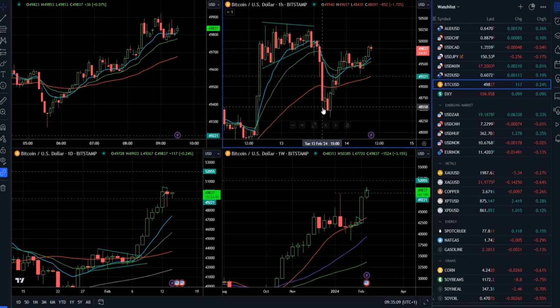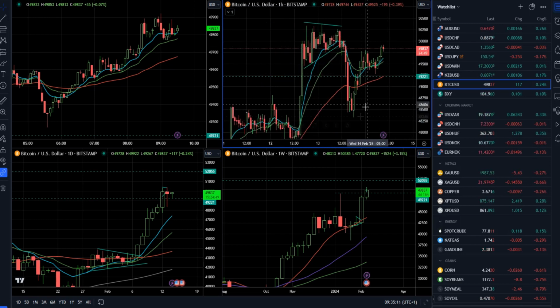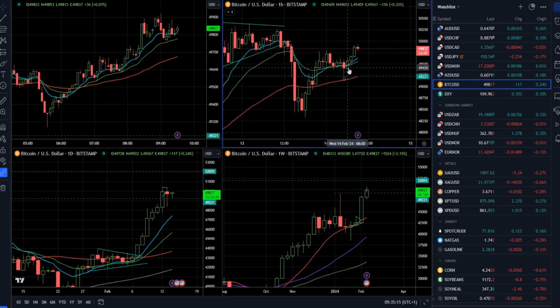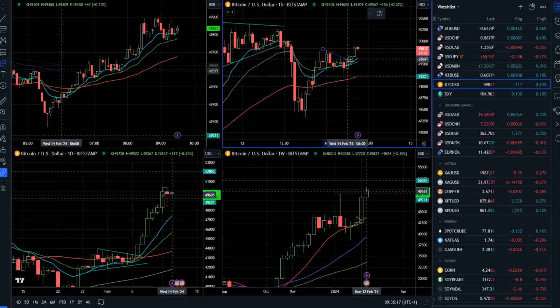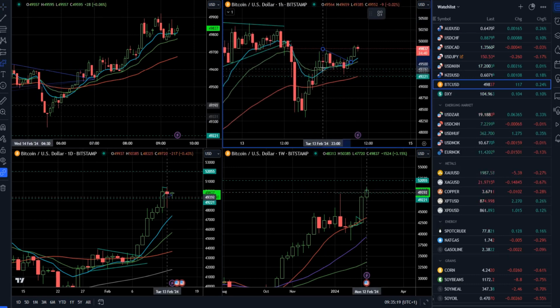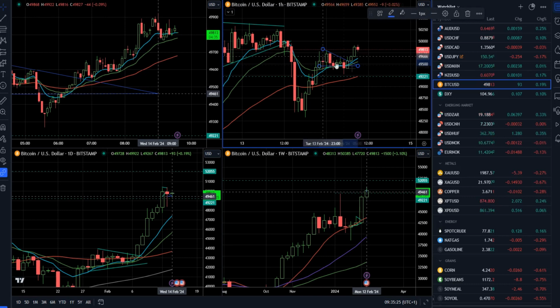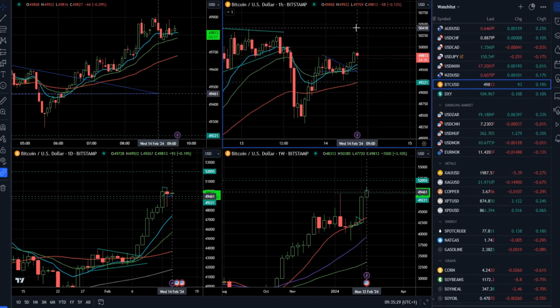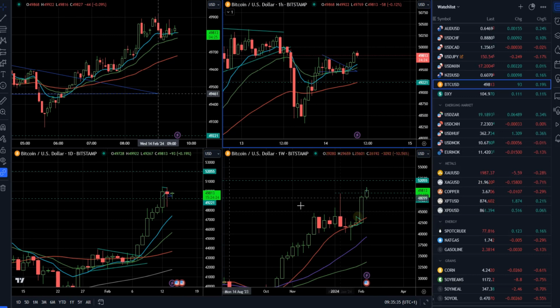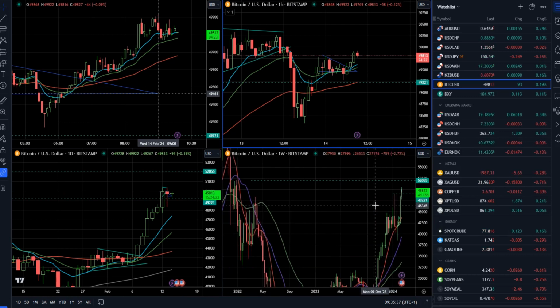We spoke about the potential for the sell-off before any rally, but after the sell-off, the market regained its power, and I can see that recently we broke out of more like a flag pattern, right? So there was this bull flag, and there was a breakout. So there is a potential chance for the retest of the 50,400 mark, and eventually on the higher time frames, the next main pivot level is set at the 52,000 mark.